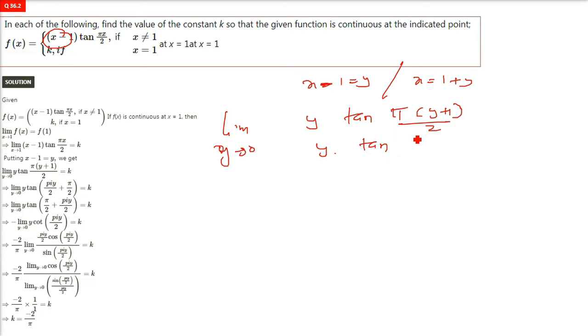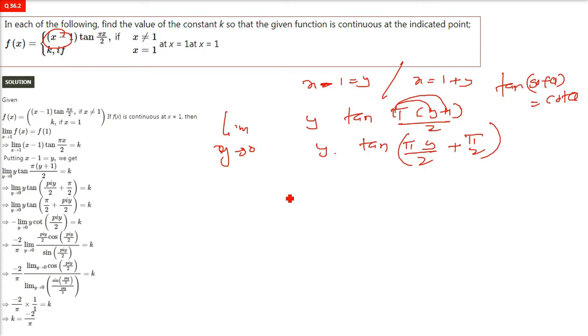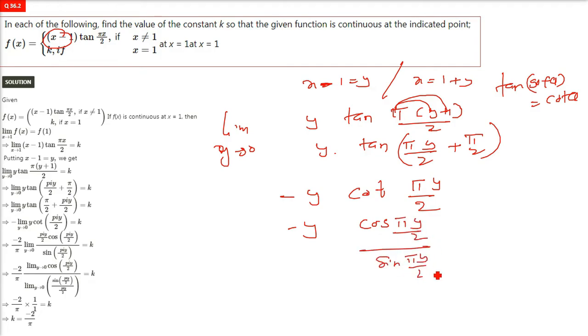So I am writing this tan as tan of (pi y by 2 plus pi by 2). So it is tan of (pi by 2 plus theta). And what is tan of 90 plus theta? It's minus cot theta. So you have minus cot of pi y by 2. Okay. You have a negative because tan of 90 plus theta is minus cot theta. Cot is what? Cos by sine. So cos of pi y by 2 and sine of pi y by 2.